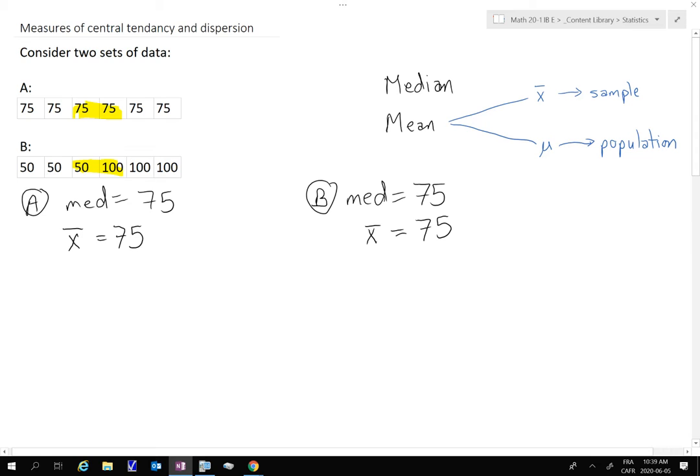We are always going to assume in IB that we have the full population, so in theory we should always be using mu, but we'll use them both interchangeably. It's just when you get into a university stats course, they're going to be much more particular about the difference between those symbols, although both of them are calculated in exactly the same way here. We add up all the values, we divide by the number of values that there are.